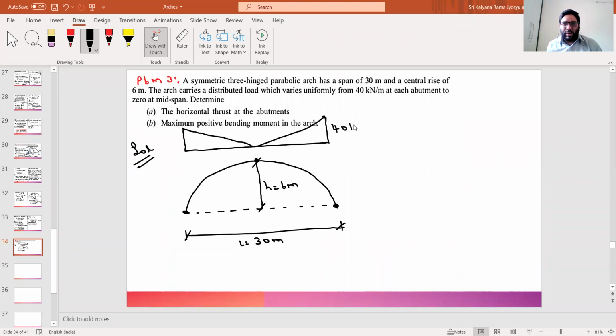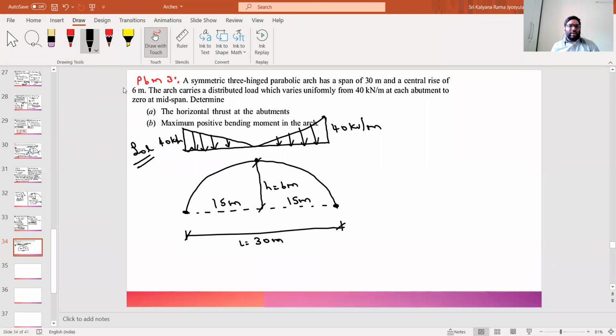So this is 40 kilonewton per meter, and this is also 40 kilonewton per meter. 15 meters, 15 meters.